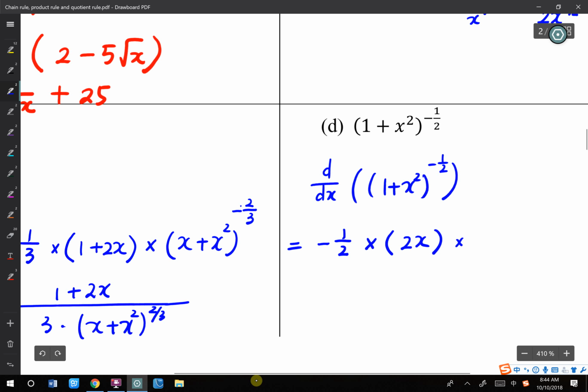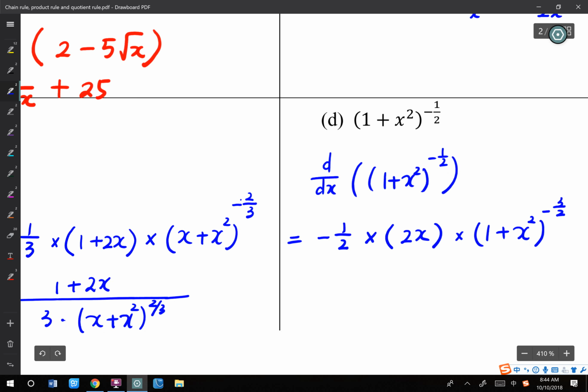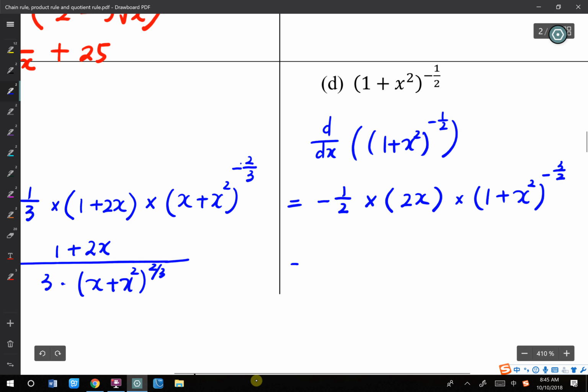And the third thing we'll do is reduce the power by 1, which is -3 over 2. And that equals minus x on top over 1 plus x squared to the power of 3 over 2.